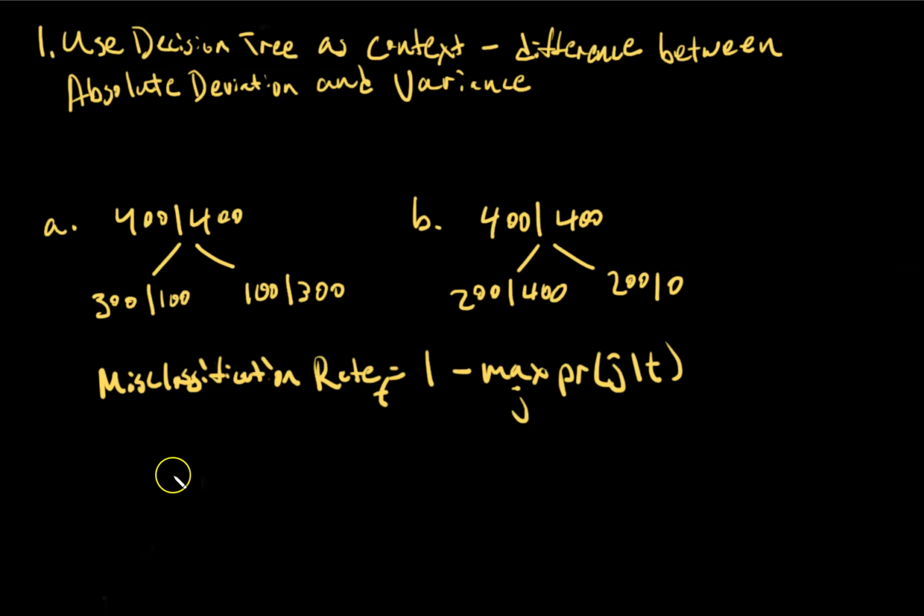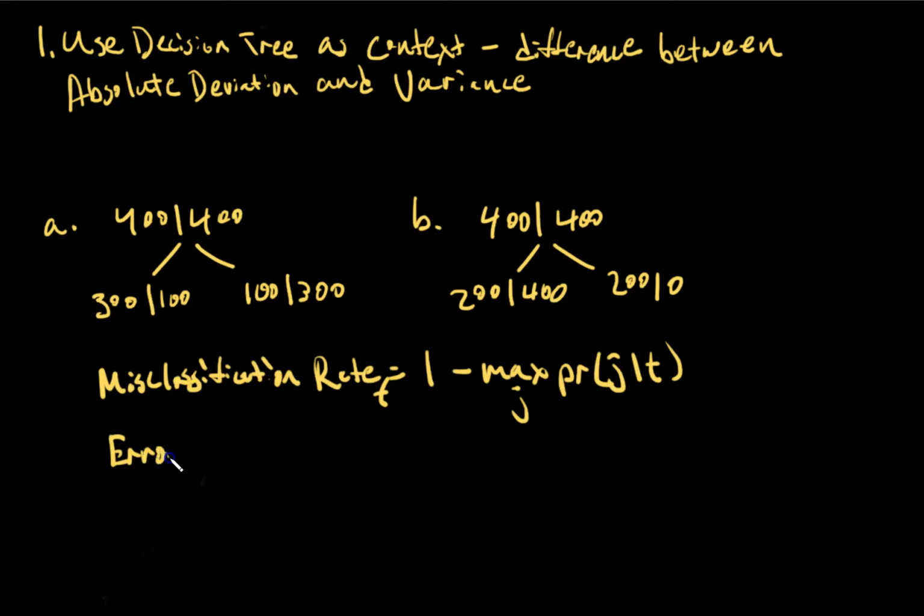So let's just do that for this tree right here. We'll do the parent node. Let's see, what would we have? I'm going to use error, the same thing as the misclassification rate.